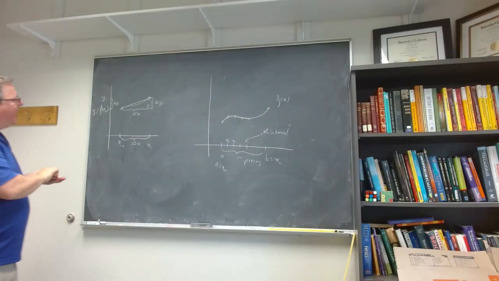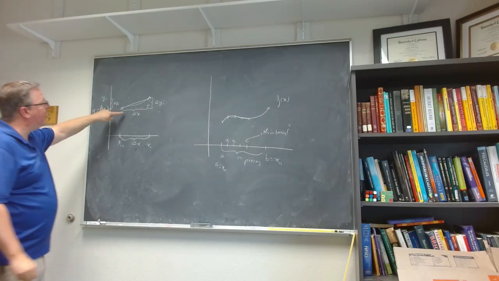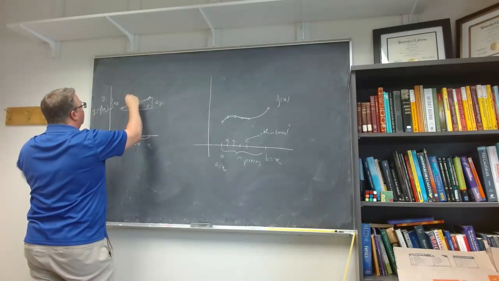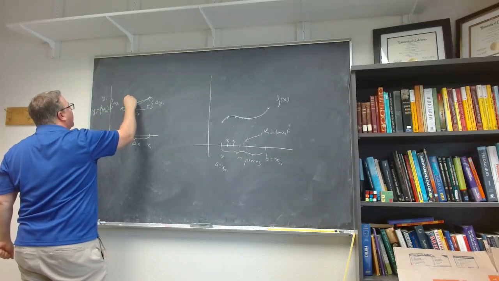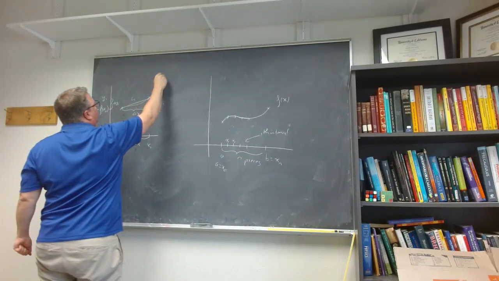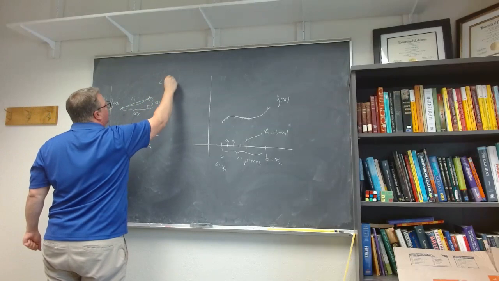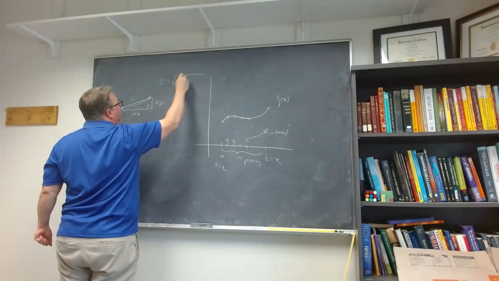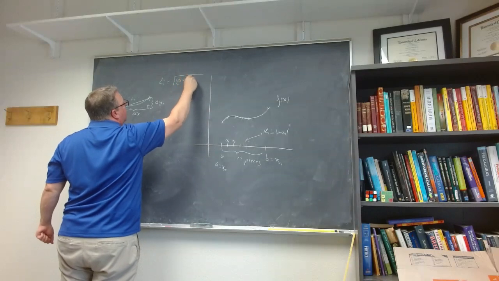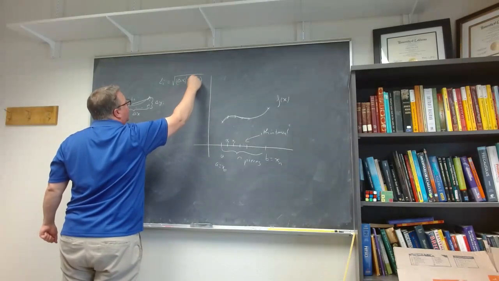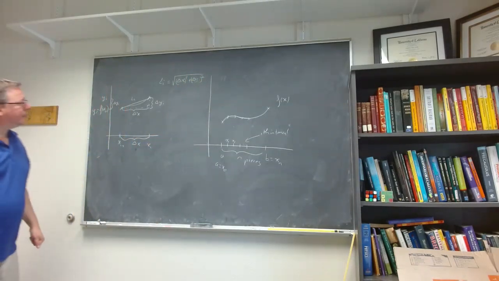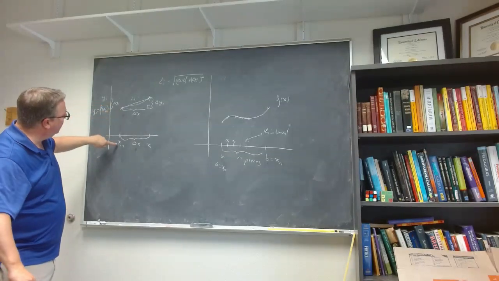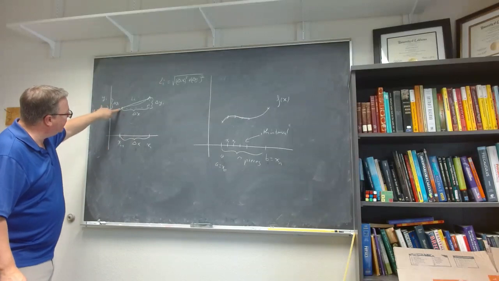So my green length, according to the Pythagorean theorem, which I'm going to call length i, is just going to be the square root of delta x squared plus delta y sub i squared.